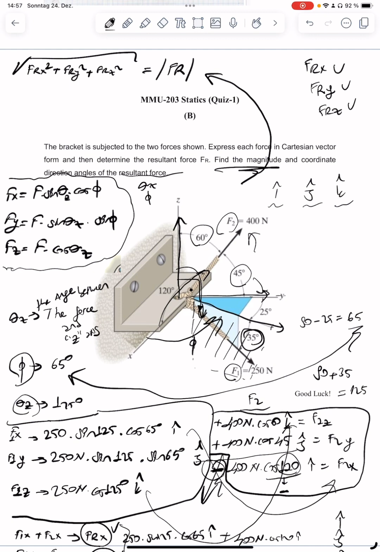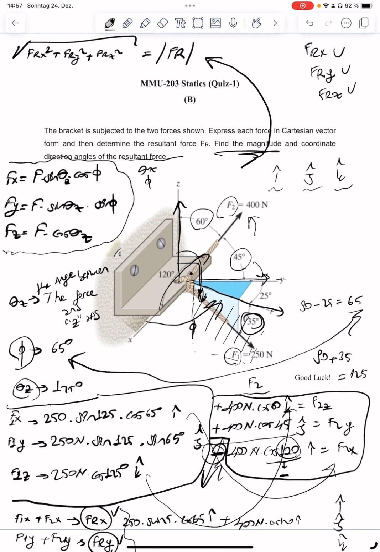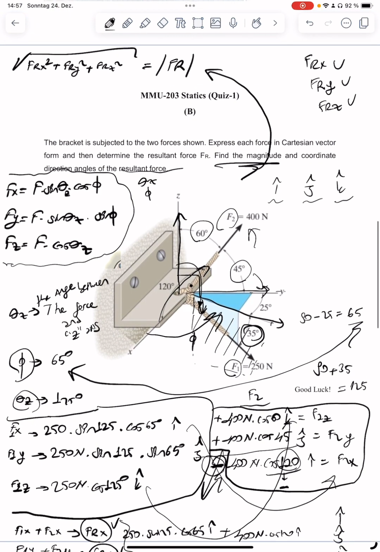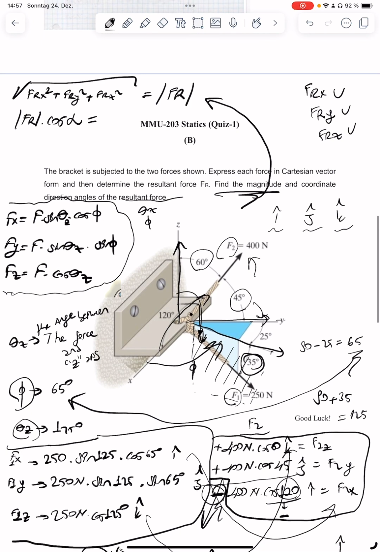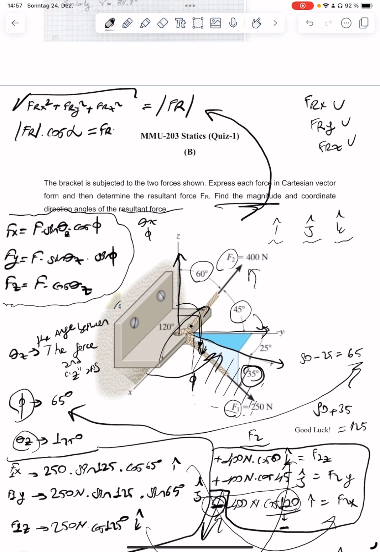So the last thing about the question is the coordinate direction angles of the resultant force. We can find them. If the resultant force times cosine alpha, I can call alpha, is equal to Frx.